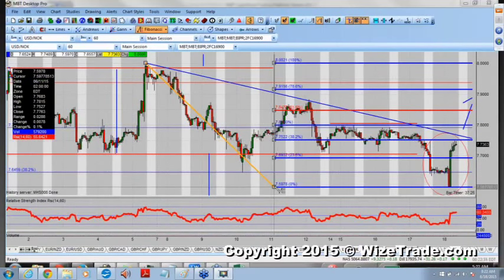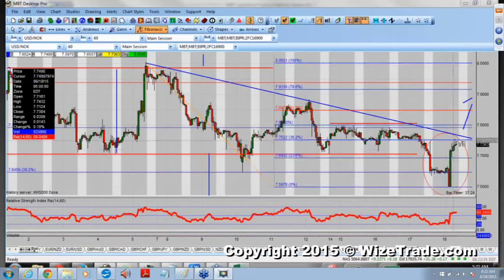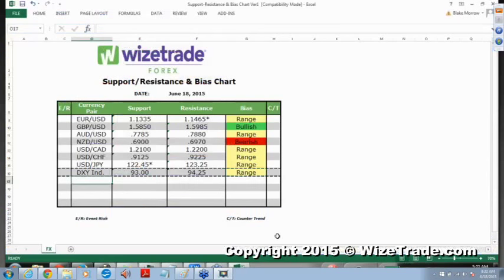Does that trend line coincide with, oh, that's a 38% retracement. If this thing gets above 776, it's going to squeeze, for the guys that can trade it. 7.76. That's going to start squeezing.